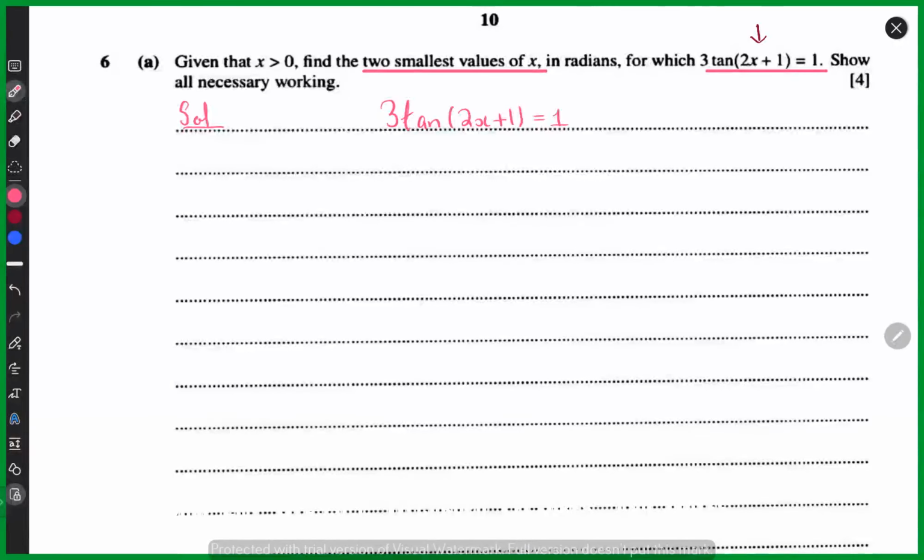This is basically your trigonometric equation that you need to solve. How do we solve trigonometric equations? That's simple. I need to make tan the subject, okay? So I'll just take this 3 on the other side and it would become tan 2x plus 1 equals 1 by 3. Okay, this is tan. Okay, next.